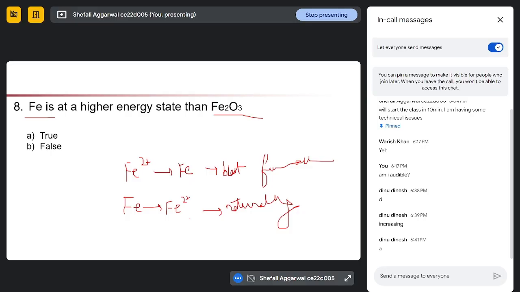Any material in nature tends to stay in its lower energy state. So if iron tends to go to the oxide form, that means iron oxide has a lower energy state as compared to iron. So iron is at a higher energy state than oxide, and it is a true statement.